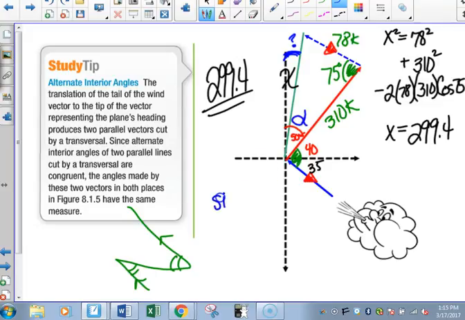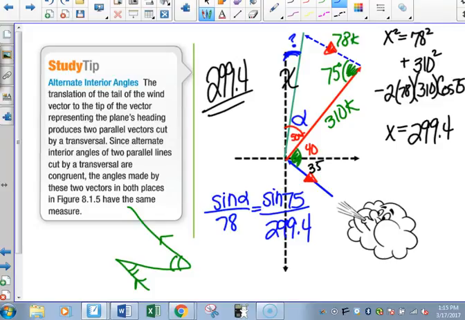the sine of that one is across from 78. In the same way, the sine of 75 was across from 299.4. Can you solve that real quick? 78 times the sine of 75 divided by 299.4. Then what do you have to do at the end?